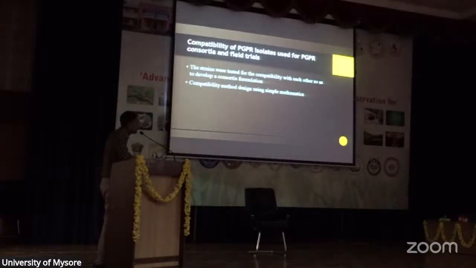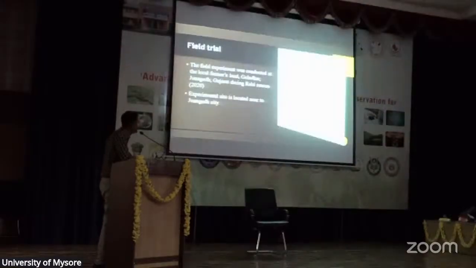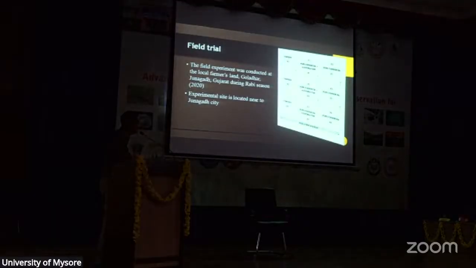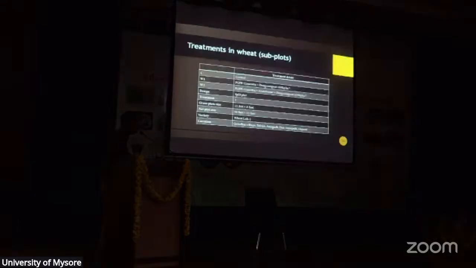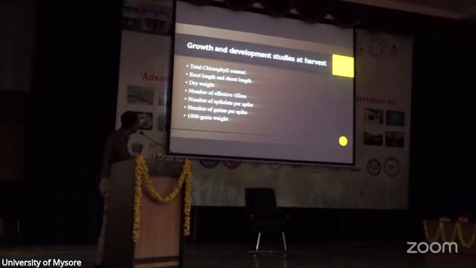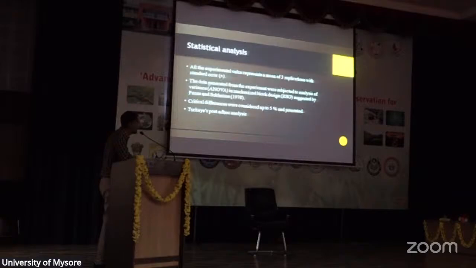For the preparation of the consortia, we need to check compatibility. For the field trials I did control, T1 and T2. In T1, I used the consortia plus Acinetobacter. In T2, only the PGPR consortium. These are the trials and treatments I used, and the different parameters I studied during the field trial, along with statistical analysis.